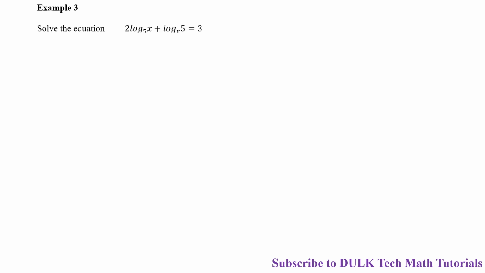Right, solve the equation. Likewise in this case, this one is in base 5, this one is in base x, so we can't simplify before we make sure that these logarithms are in terms of a common base. Right, so let's express this log x base 5 in terms of base x.